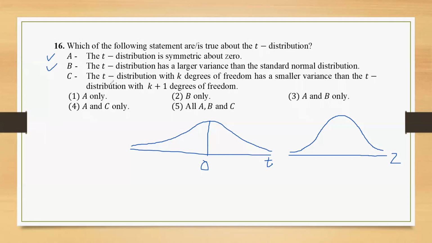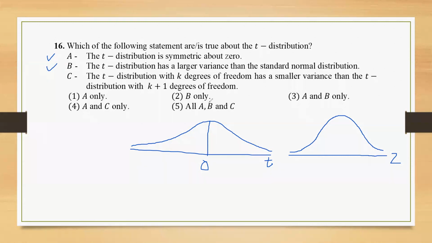When coming to statement C, it says the T distribution with k degrees of freedom has a smaller variance than the T distribution with k plus 1 degrees of freedom.